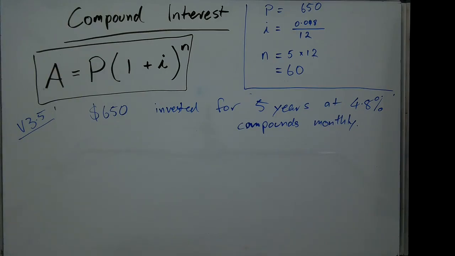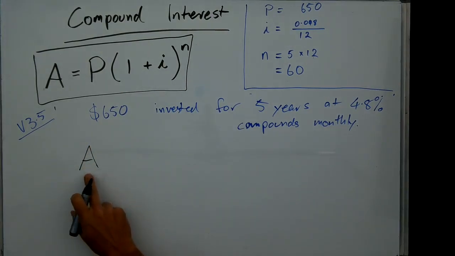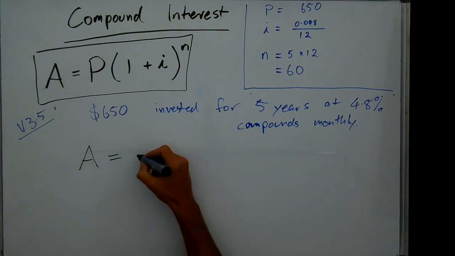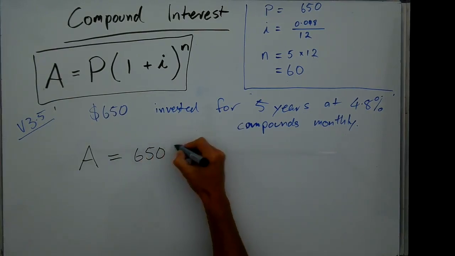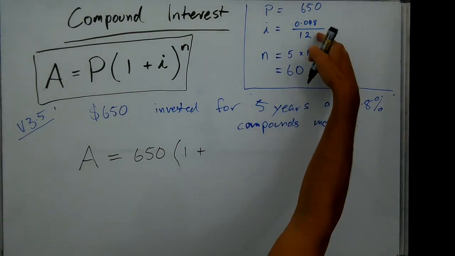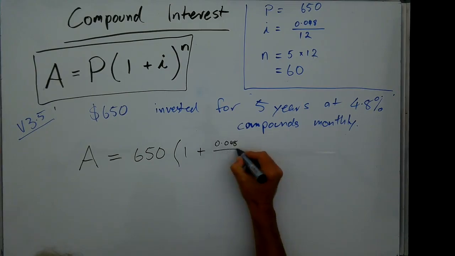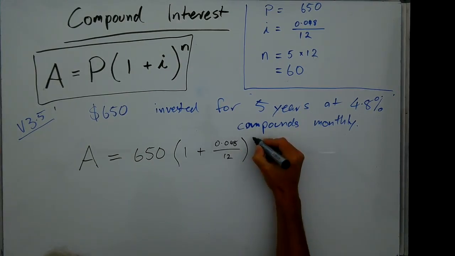Okay, so let's start writing this down. The amount, so that's interest plus the principal, equals 650 times 1 plus this number, all to the power of 60.